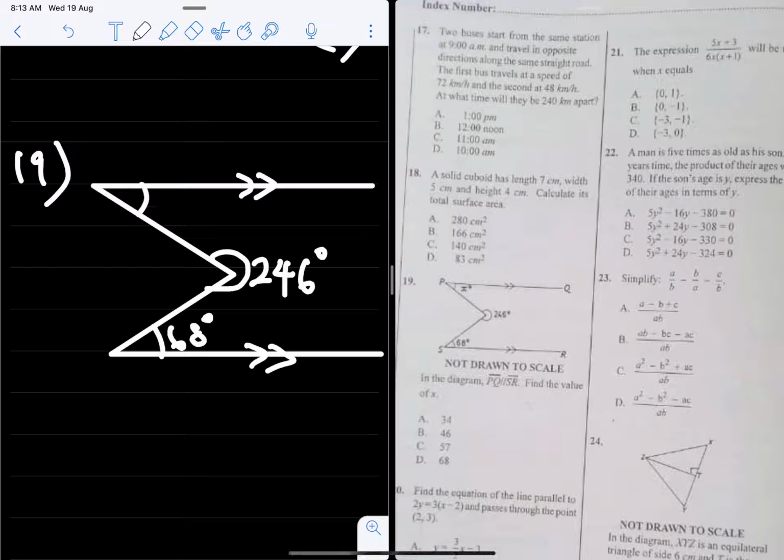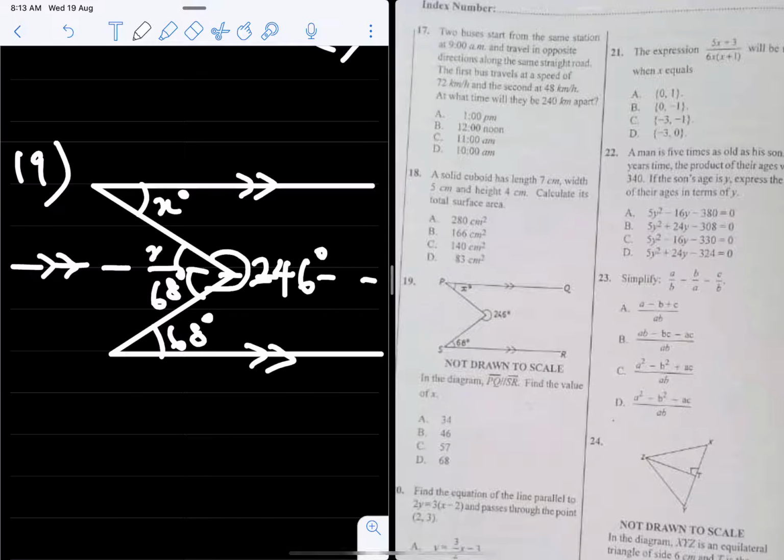Yeah, so we can do a construction here. We can construct a straight line here. That means this line is also parallel to the two parallel lines already given. We know that this will also be 68 degrees because it's alternate to the given angle 68 degrees.